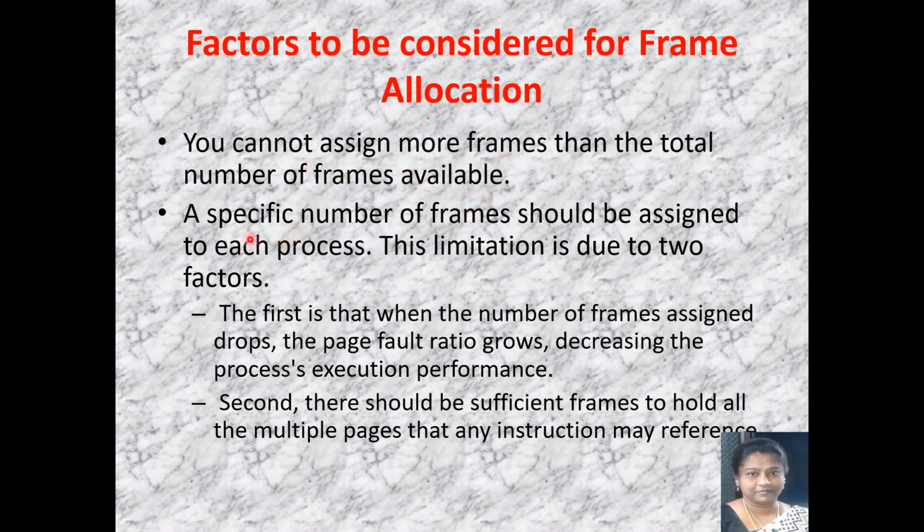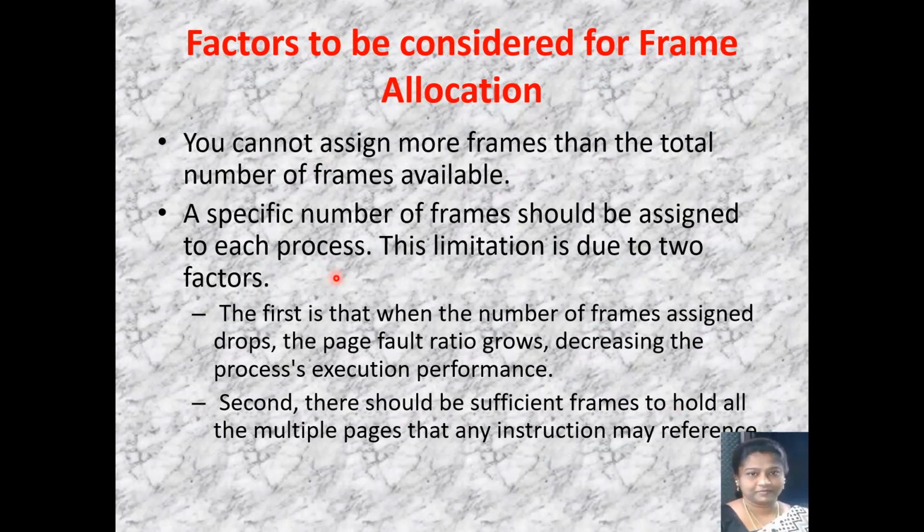The second point I need to take into consideration is I must only allocate a specific number of frames to each process. So this limitation is due to 2 factors. The first is that when the number of frames assigned drops, the page fault ratio grows, decreasing the process execution performance. Secondly, there should be sufficient frames to hold the multiple pages that any instruction may reference.